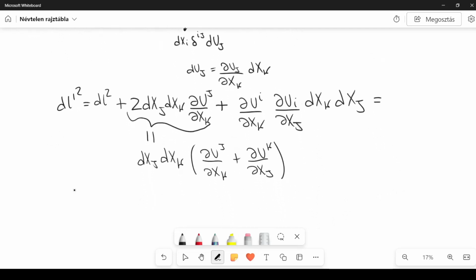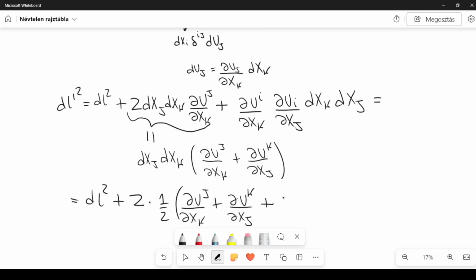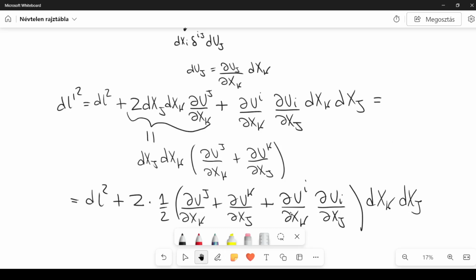So this is equal to dl squared plus, and then I'm writing 2 times 1/2 times the bracket: duj over dxk plus duk over dxj plus dui over dxk times dui over dxj, and then I have dxk dxj like this.